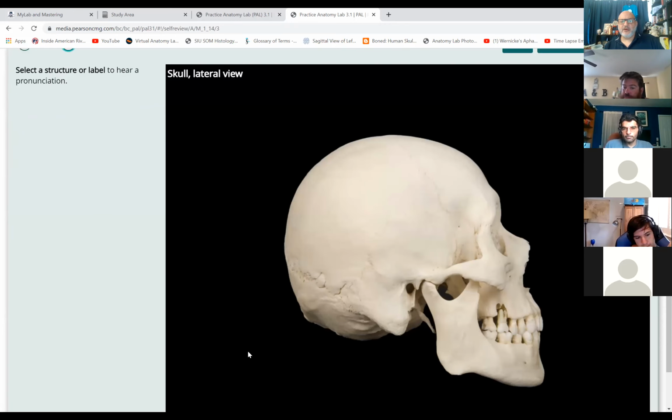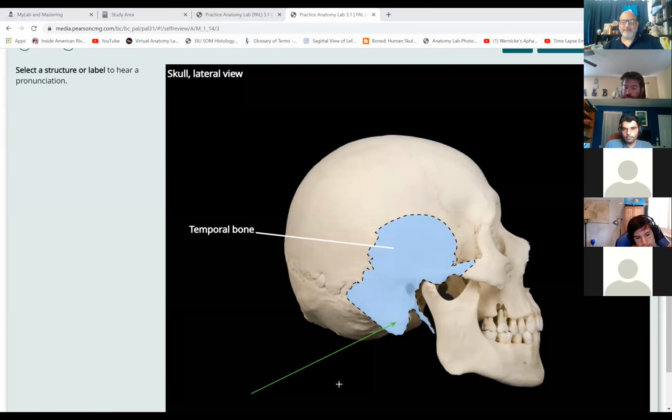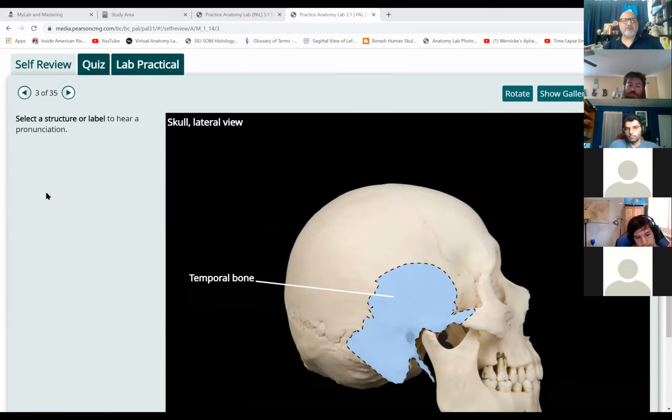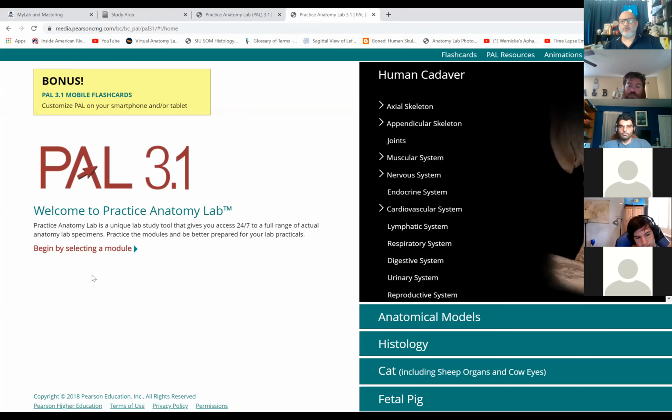There we go. We can remember that again, if I have an arrow pointing towards that, that is indeed the mastoid process of our temporal bone that we can see there.